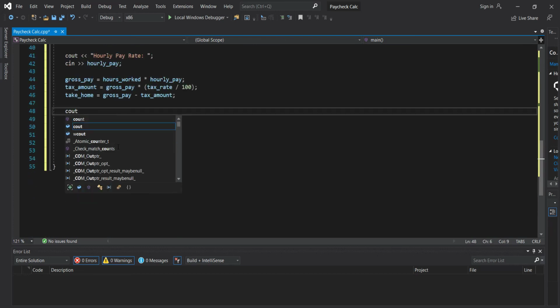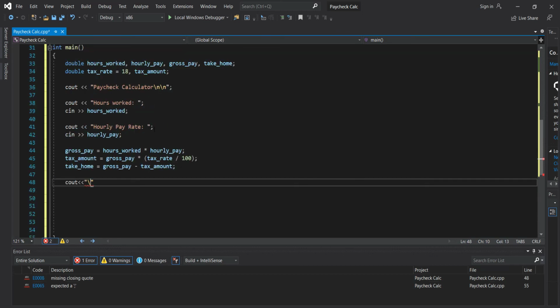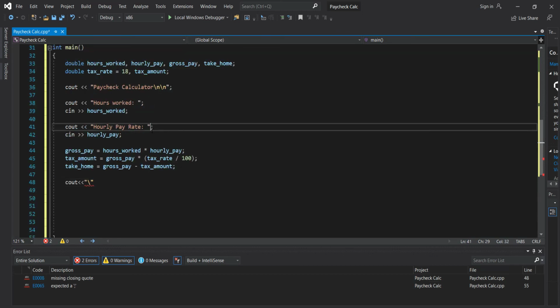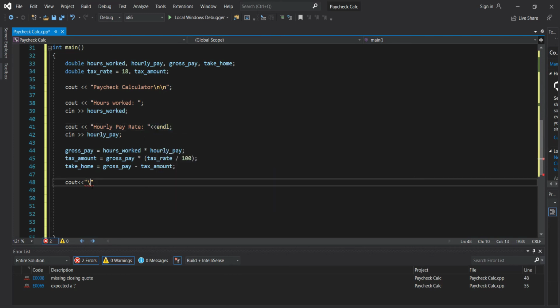Alright, so we're going to have cout. So we want to have a new line function here because let's do an end line here. So we're going to have gross pay.